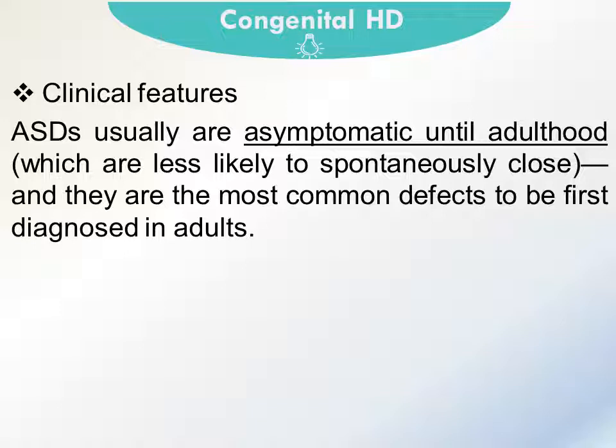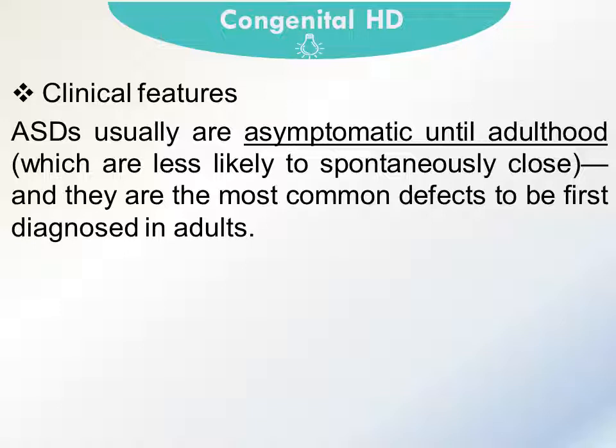In addition, ASDs initially cause left to right shunts due to lower pressures in the pulmonary circulation on the right side of the heart. In general, these defects are well tolerated, especially if they are less than 1 centimeter in diameter. Even larger lesions do not usually produce any symptoms in childhood.